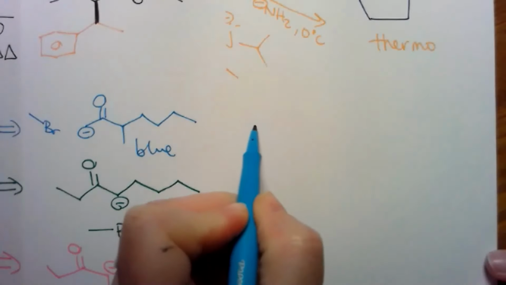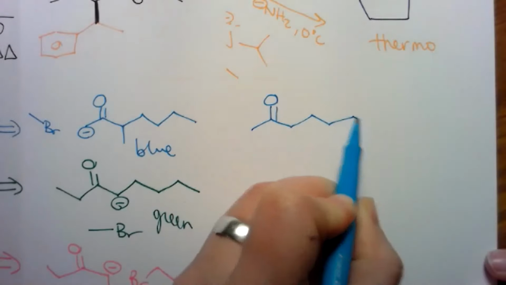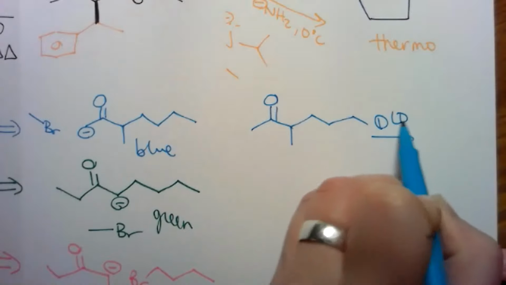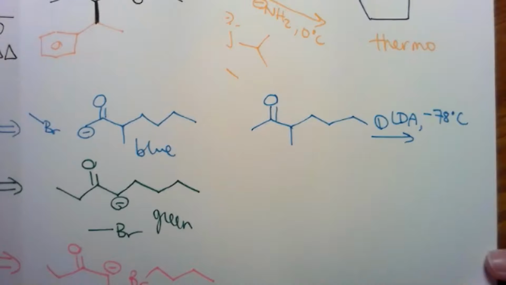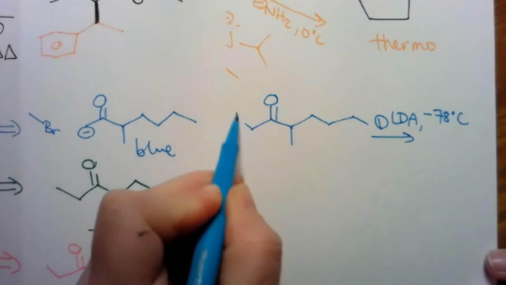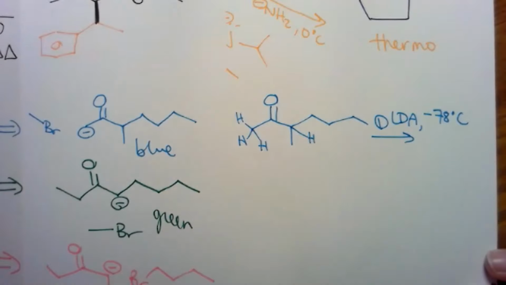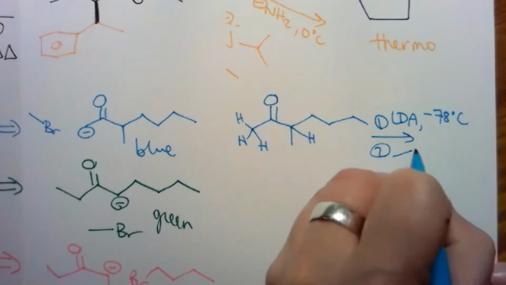Blue could be a usable thing. We would have to mandatory specify LDA at -78 because absolutely we need the kinetic enolate. And so this 3 hydrogens versus this 1 hydrogen, you gotta have the kinetic enolate. And then we could add this methyl bromide.